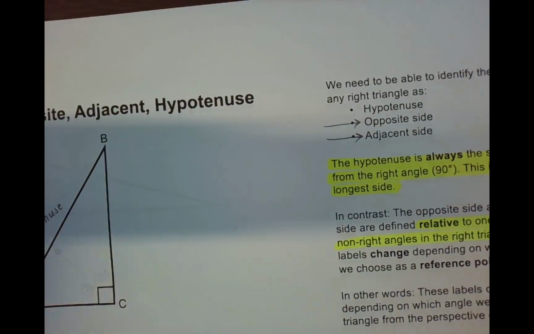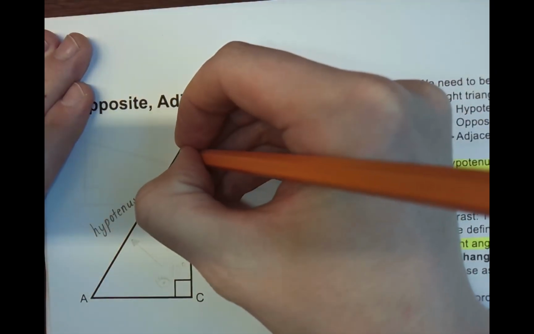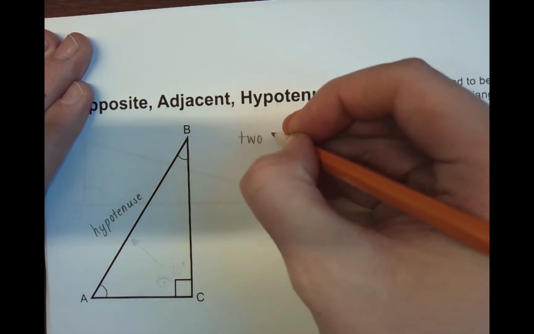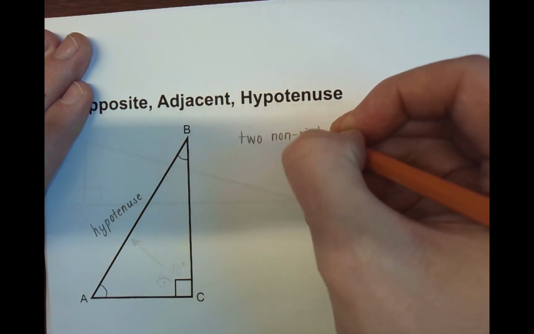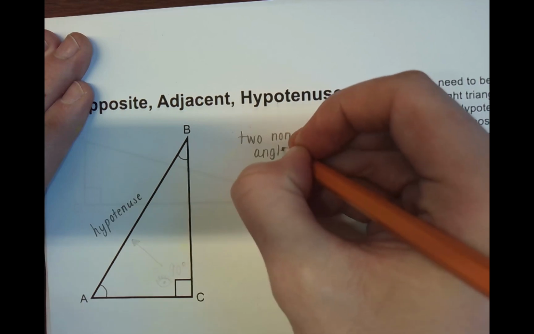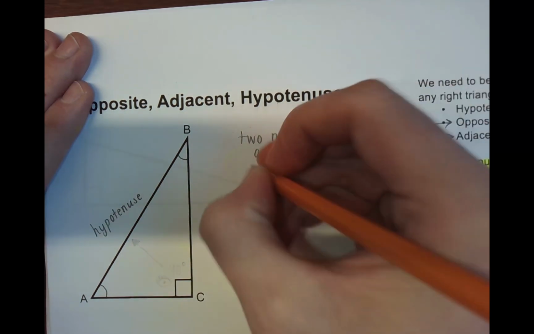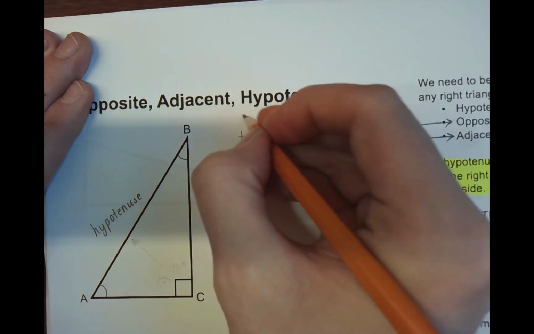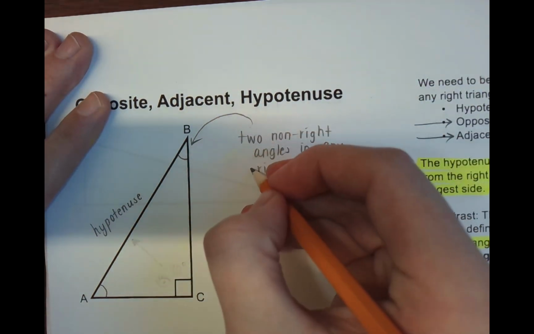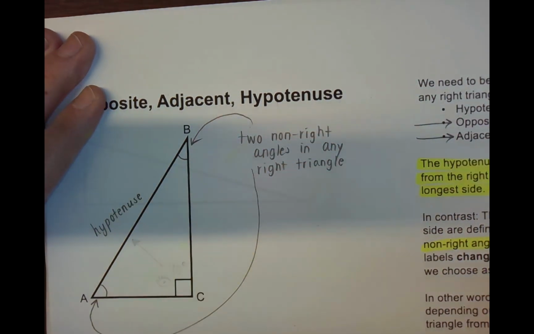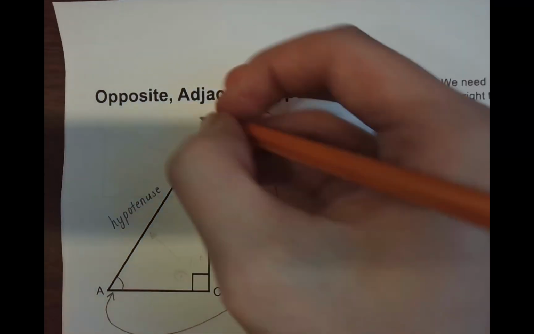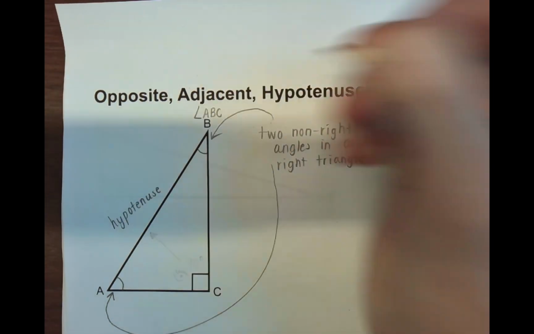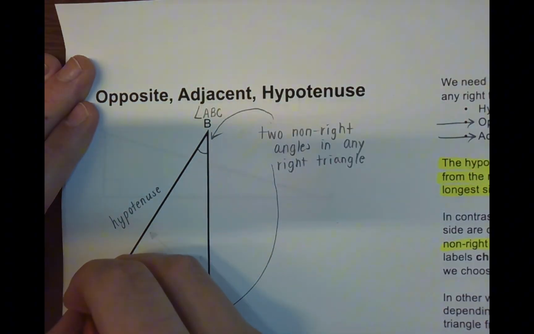We just talked about how we have two non-right angles in any right triangle. So just to recap, let's call this one angle ABC and this one angle BAC.